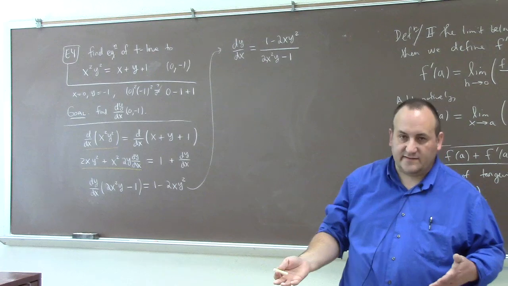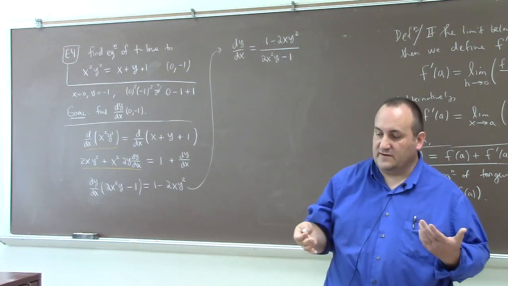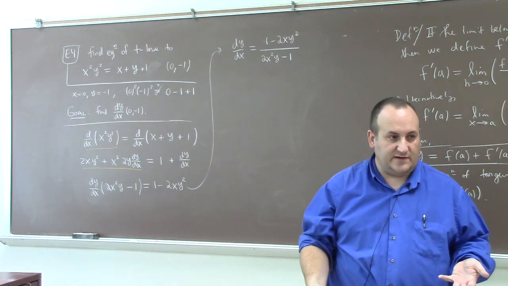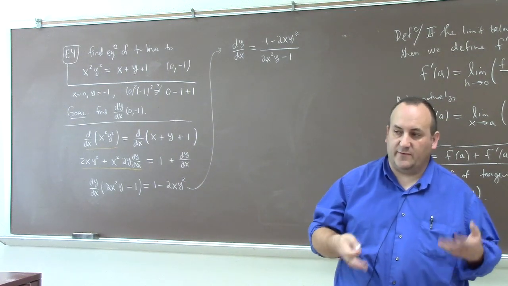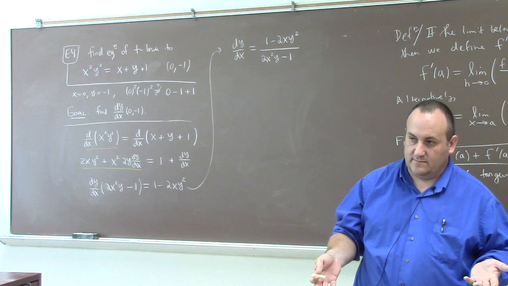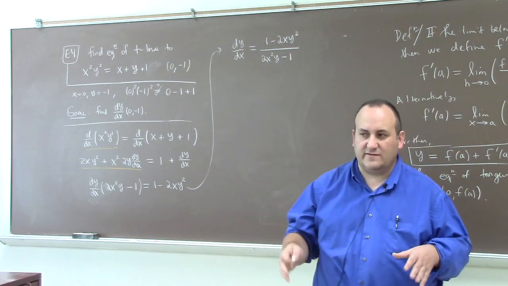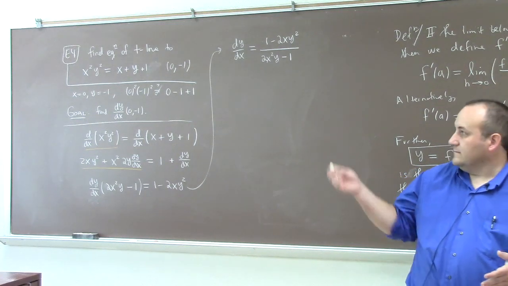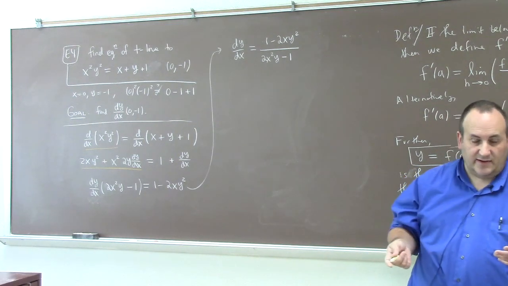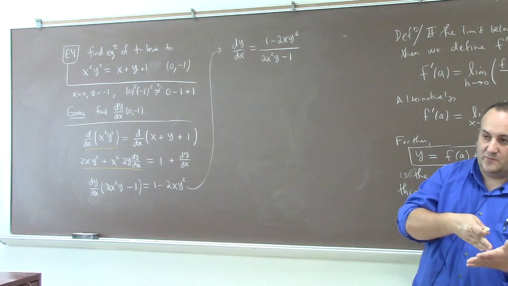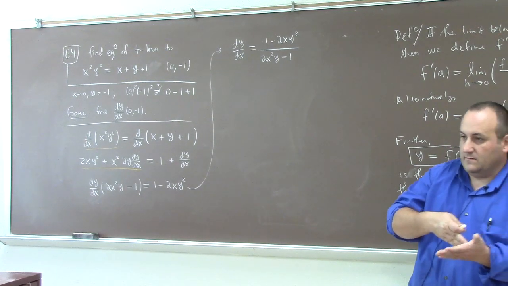Now, sometimes when I ask the question about implicit differentiation, I just ask, find dy/dx using implicit differentiation, right? If the instructions to the problem were just that, we'd be done, right? But I asked a slightly more interesting question. I said, find the equation of the tangent line, right? So what do we have to do now? We have to plug in the point of interest into that formula to find the slope of the curve at that point.